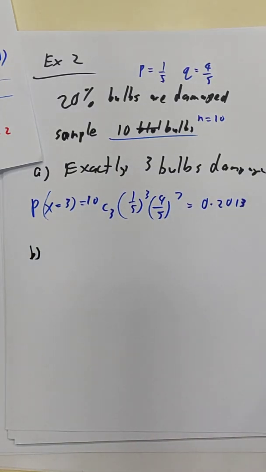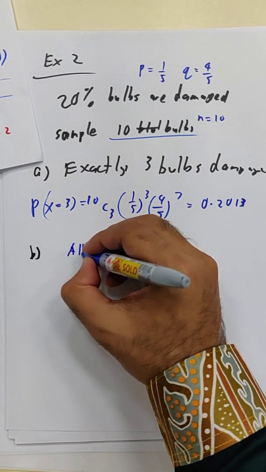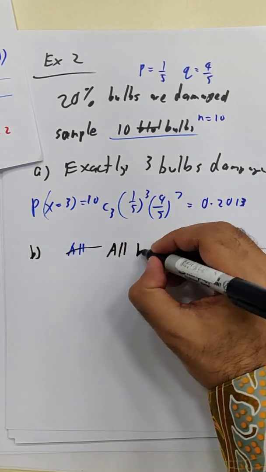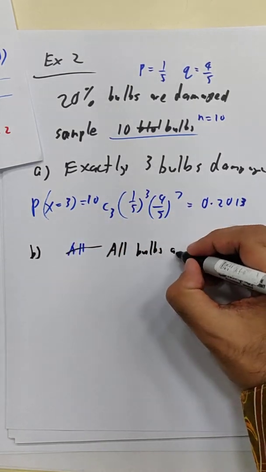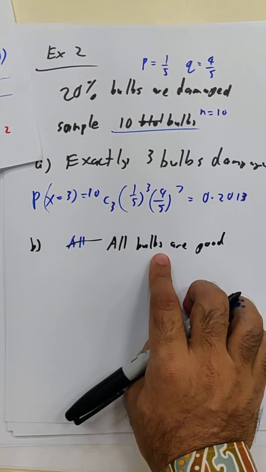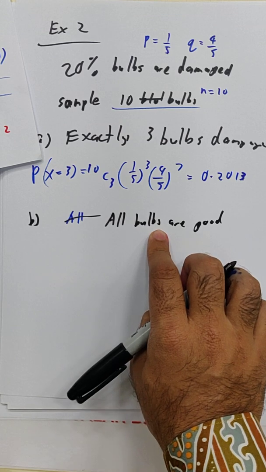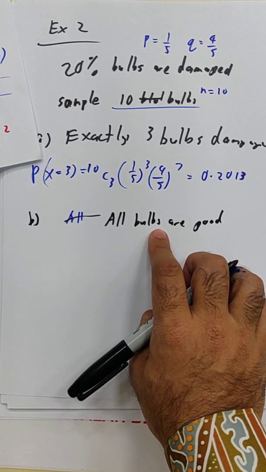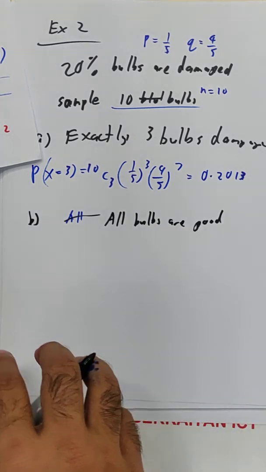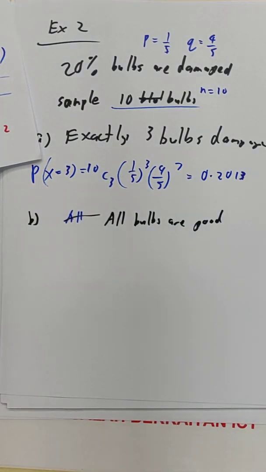Now what about if they say all bulbs are good? What do you think of this? Why are you saying x equals 0? Why don't we take x equals 10?